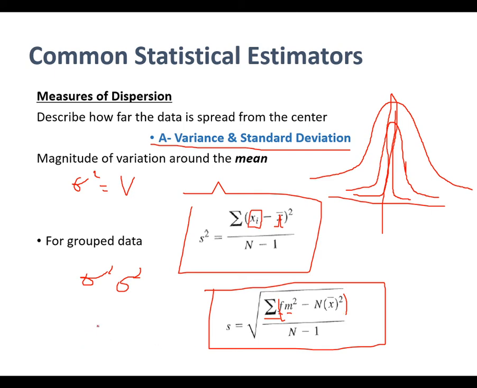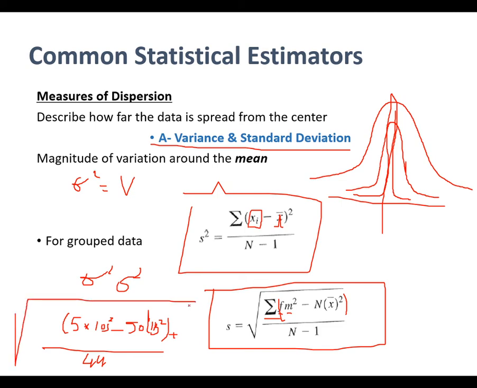For the first group, I had 5 repetitions times 105 squared, minus 50 times, let's say the average was 113, squared. I do it for every group, and then I divide by n minus 1, which is 49. So I do plus and plus and plus. Once I'm done, that's the variance, and then I take the square root to calculate the standard deviation.